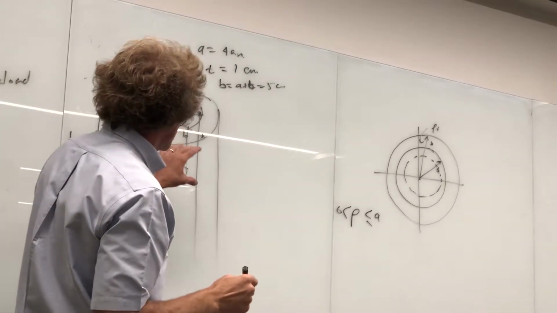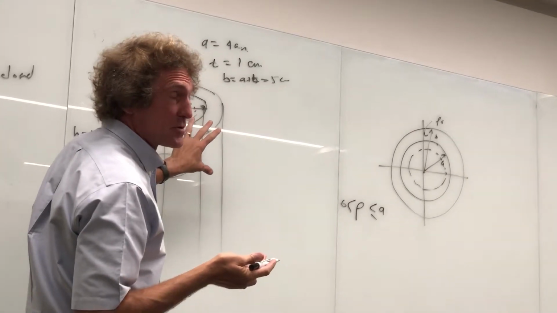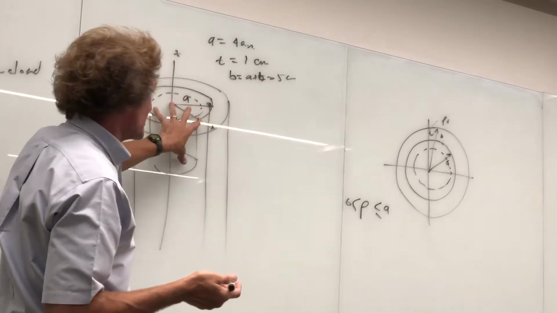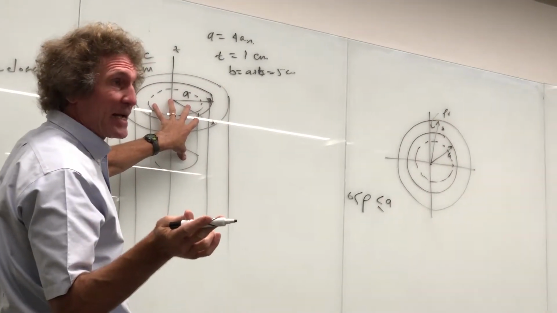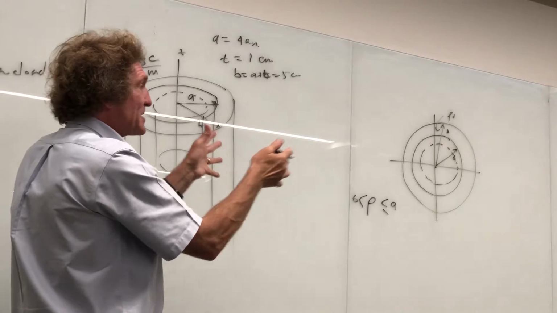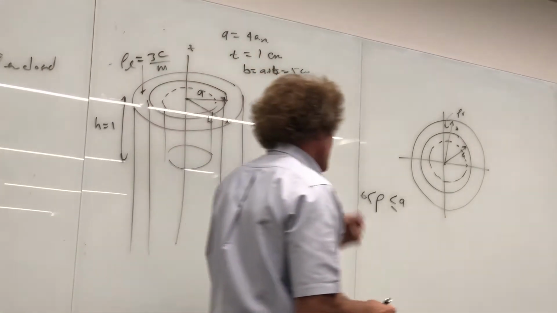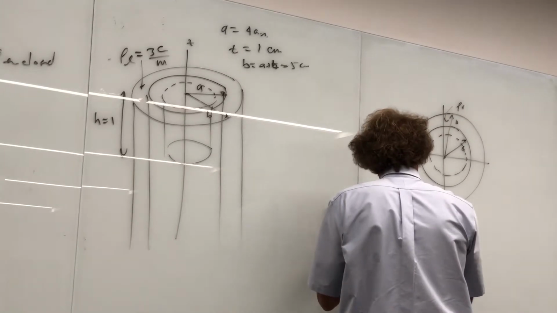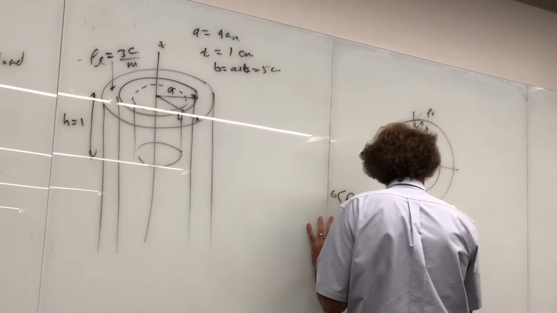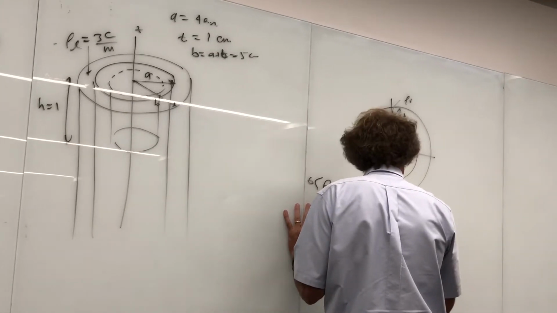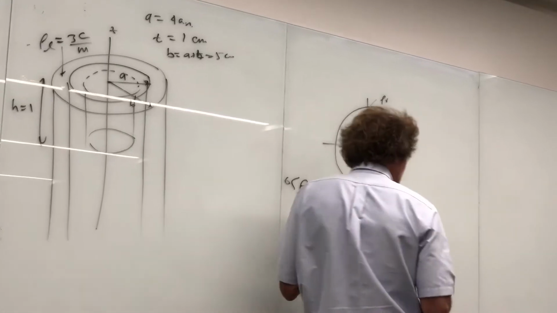And now you can say within that can, the integral of D dot dS is equal to the charge enclosed. Well, how much charge is enclosed there? 0, right? Because the can's radius isn't large enough to actually cut into where the charge density is. So for this case, the integral of D dot dS over the closed surface will be equal to 2 pi rho times the height, which is 1, times D rho, and it's equal to the charge enclosed.